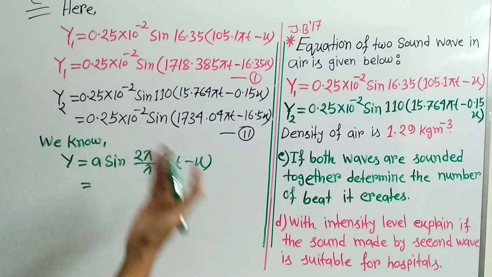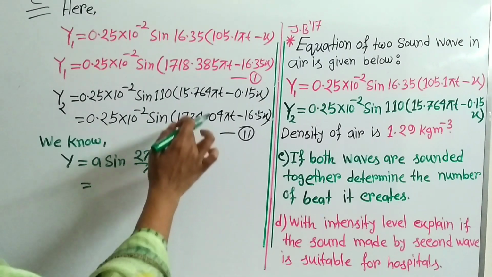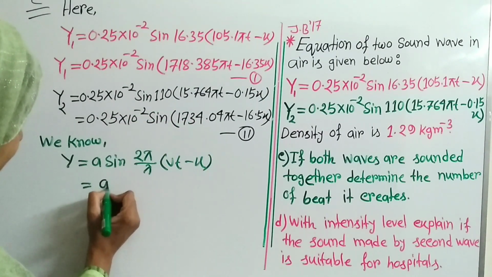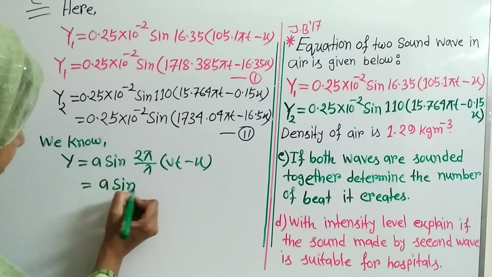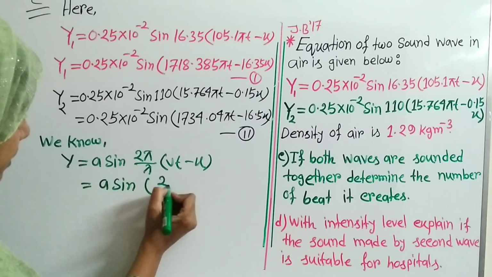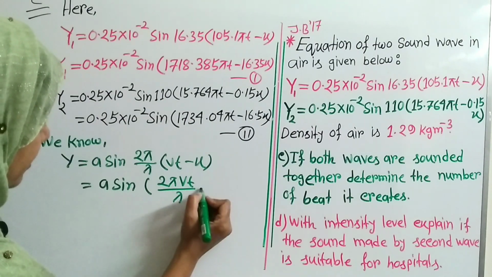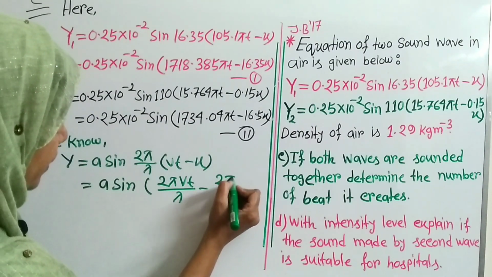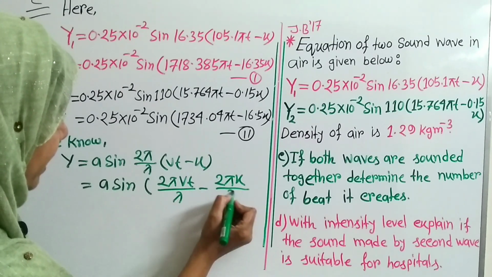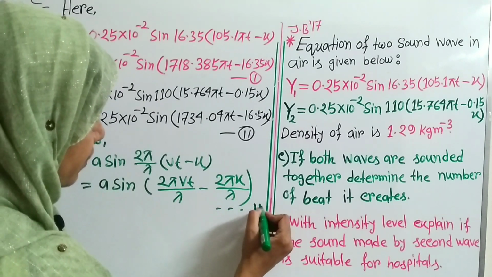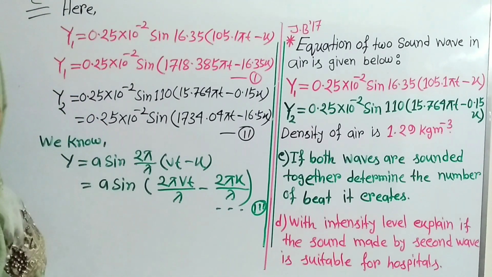So I am going to make this equation similar to equation 1 and 2. So if I write that a sine 2 pi Vt by lambda minus 2 pi x by lambda, and make it as equation 3.